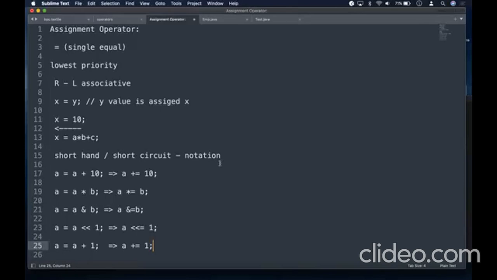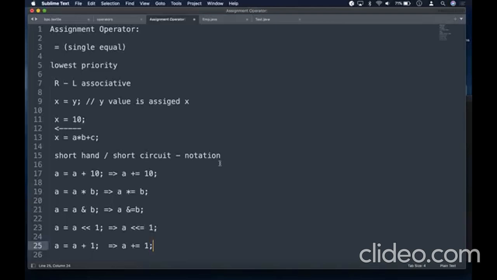Coming to relational operators, there are 2 types: simple relational, like greater than, less than, and then the equality operators. They were divided into 2 categories because there is a difference. Relational operators are only applicable on primitives except boolean, not on objects, whereas equality operators are applicable on primitives including boolean, and of course on objects also.